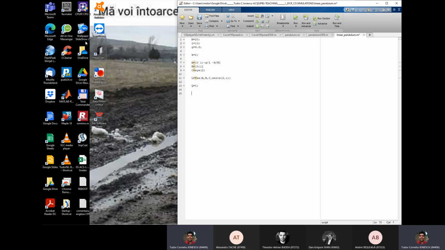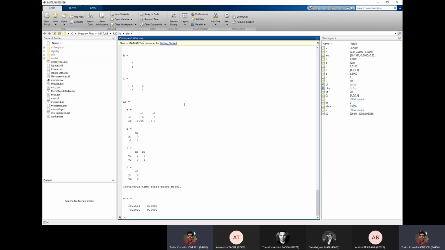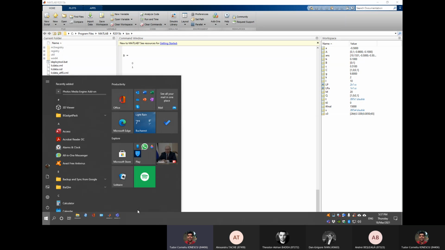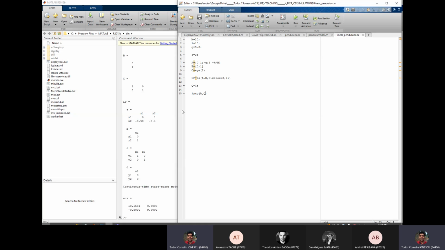And let's do Lyap of A. Let's see if this is the correct syntax. Oh yeah, it is the correct syntax. Yes, and so this is the solution. We ought to call this solution here P.